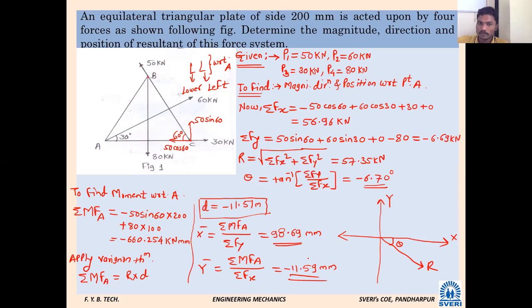If you have solved it, well and good. If not, you can note this, write this, or take a screenshot of this. One thing you have observed here, those who have resolved: that's why I was telling the law of transmissibility of force. It is very important whenever you solve such actual practical problems.